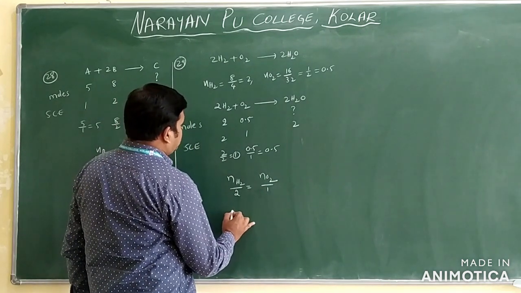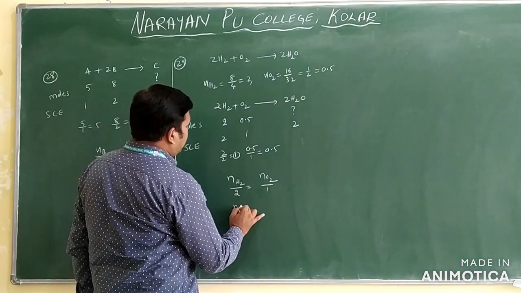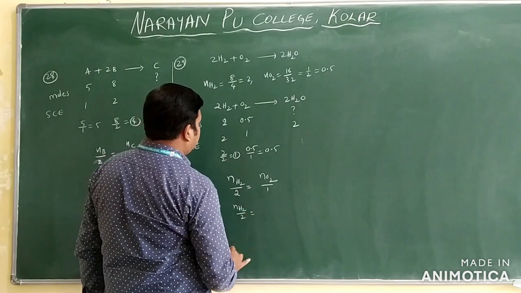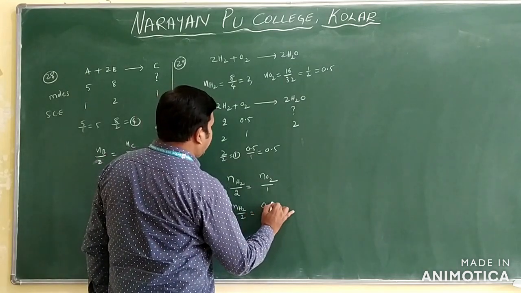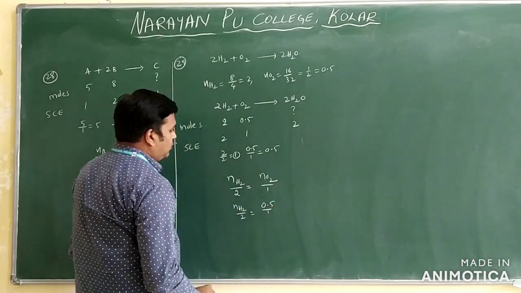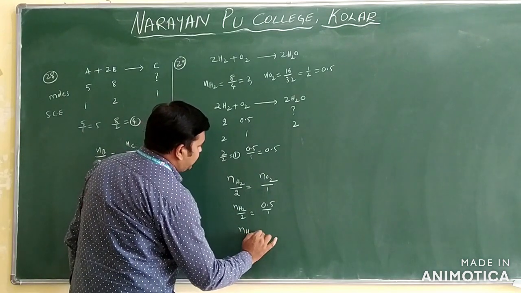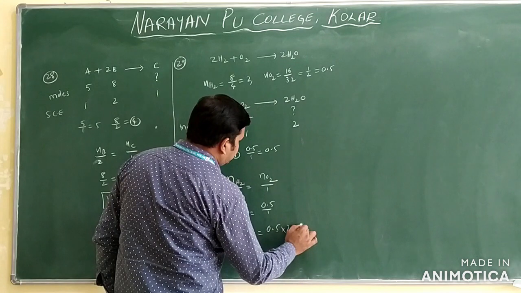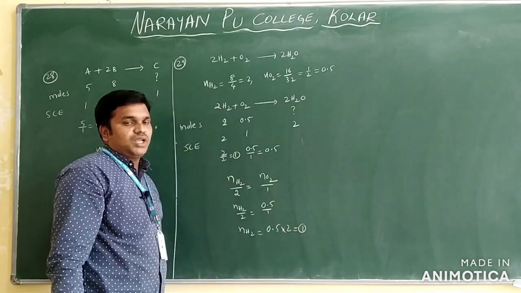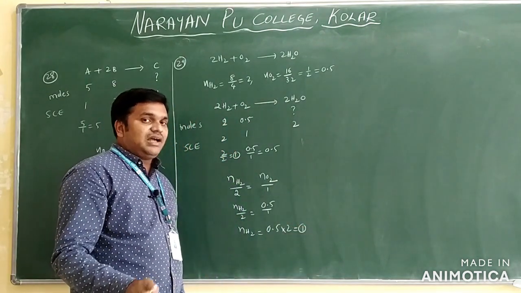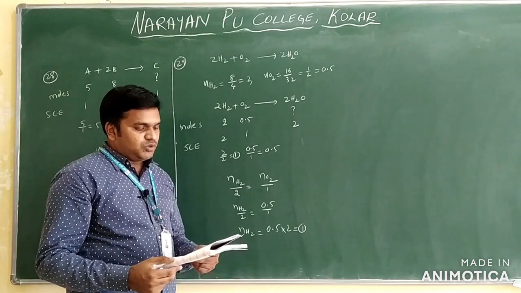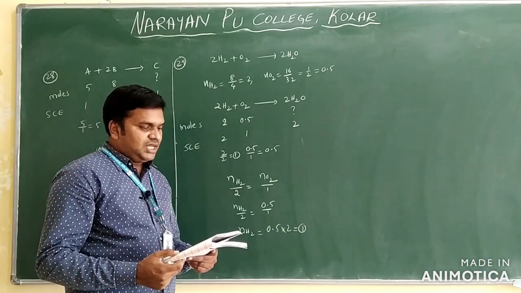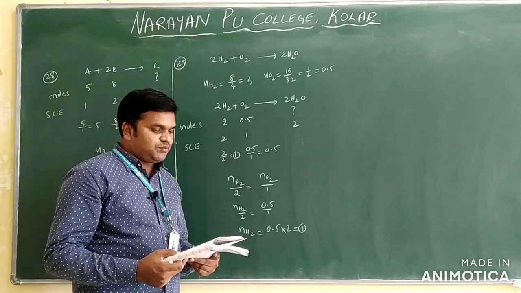Number of moles of H2 by 2 is equal to number of moles of O2, we have 0.5 by 1 only. So number of moles of H2 is equal to 0.5 into 2, that is equal to 1 only. What is this? This is the amount of H2 consumed in the reaction only.